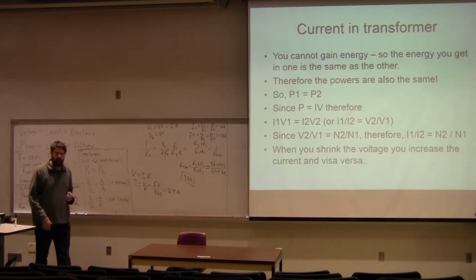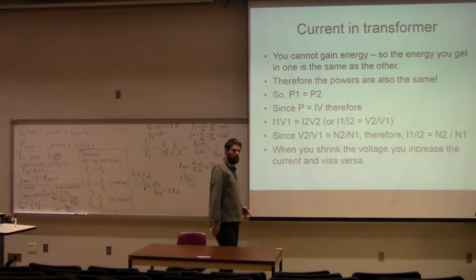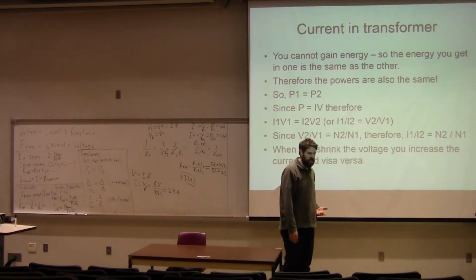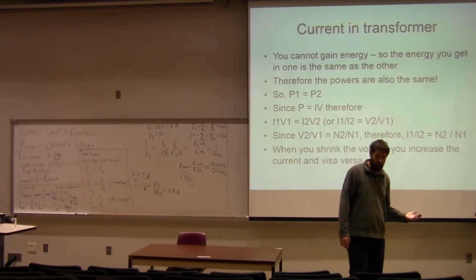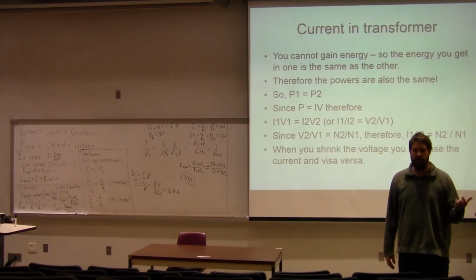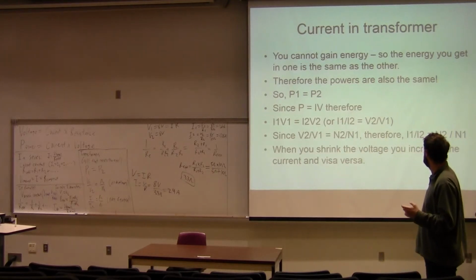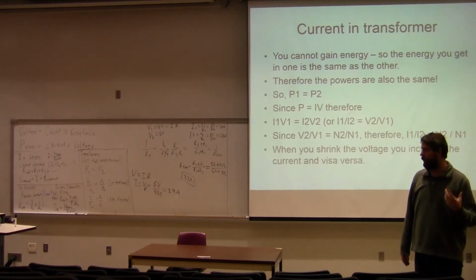Now, energy must be conserved. Power is energy per time. That means that power is also conserved. So the power that goes into the transformer has to be the same as the power that goes out of the transformer. So power 1 equals power 2.